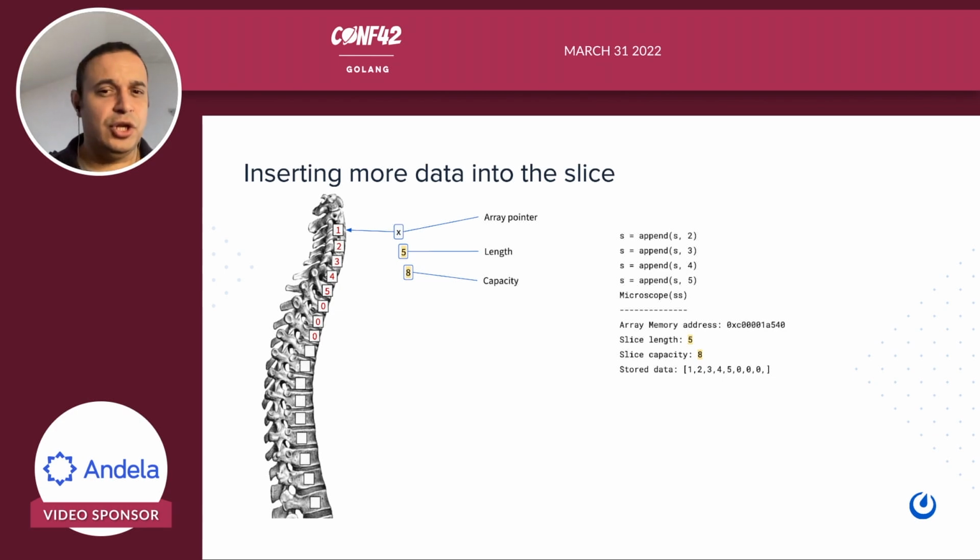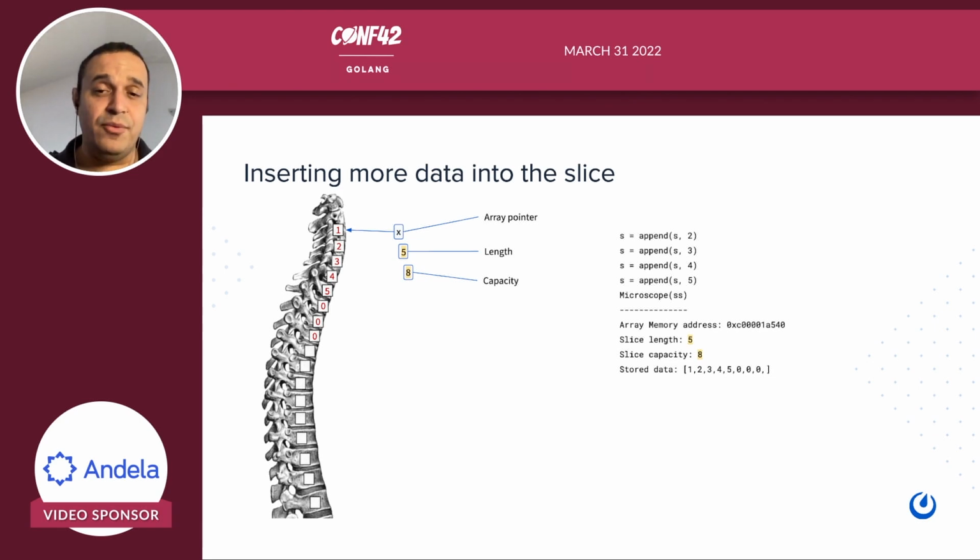The slice is not going to grow 1 element at a time. The slice capacity is going to grow by more than 1 element normally, because you don't want to resize the slice with every single insertion. So in this case, at some point, I added enough data to grow the slice, and the slice grows to a capacity of 8.